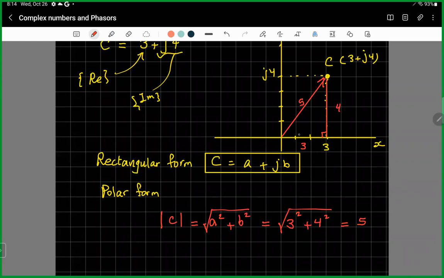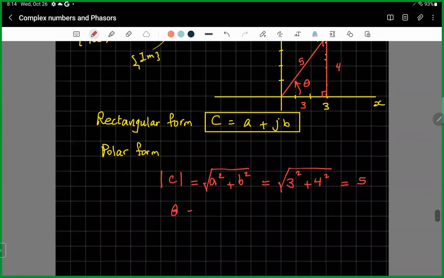You also need to know the angle, the direction from the positive x-axis in the anti-clockwise direction. We call it theta. So how do you find theta? You find theta by finding the arctan of the imaginary part B divided by A. In this case, you will have arctan of 4 over 3.